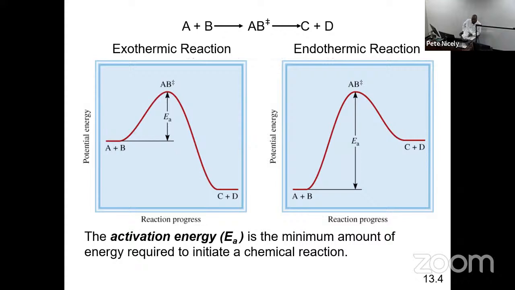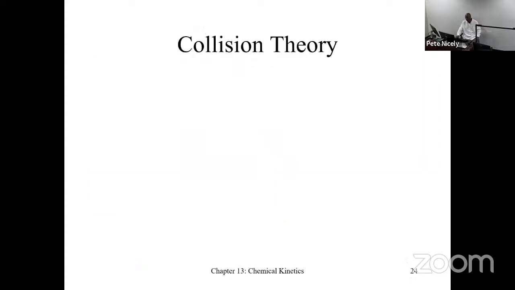What this means is that if the molecules on the reactant side don't have at least the activation energy, then the reaction will not take place. If you could actually see the molecules, they will collide, but they will bounce off each other without changing. That's how we interpret the role of activation energy in a reaction, all right?